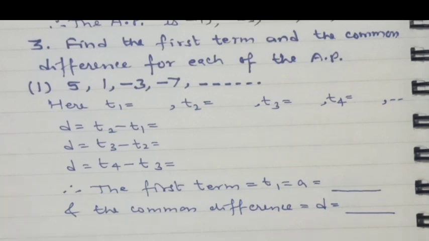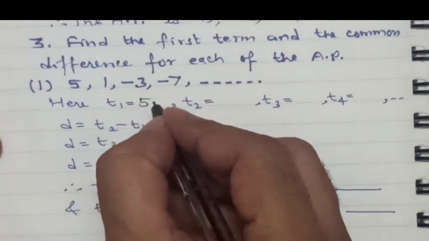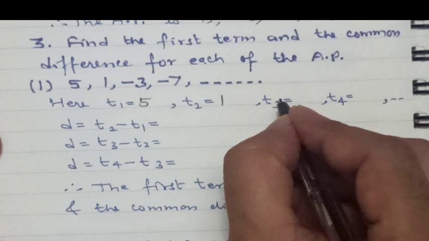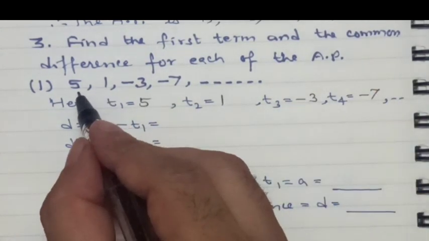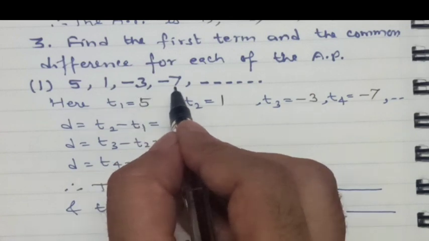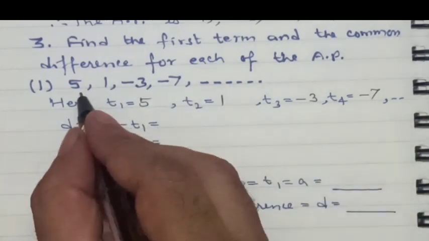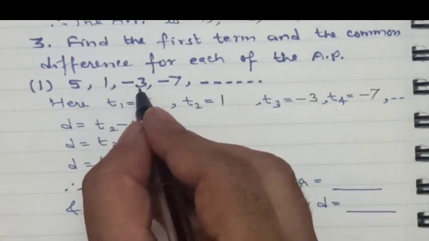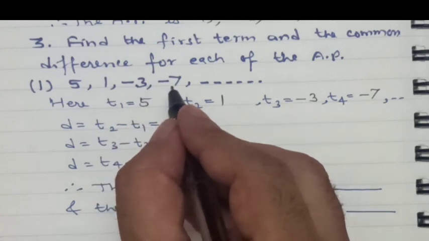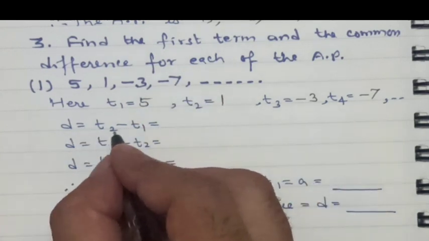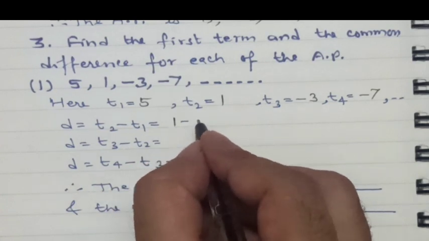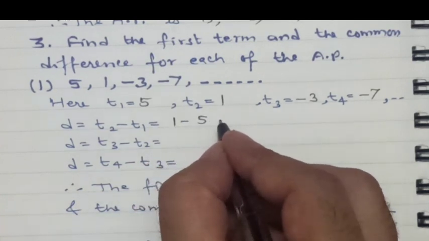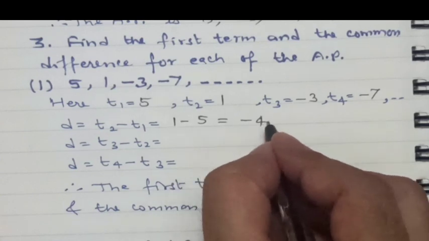So let's begin. T1 is 5, T2 is 1, T3 is -3, and T4 is -7. First term, second term, third term, and fourth term, and so on. Find out the difference, that is T2 minus T1. T2 is 1 and T1 is 5, so 1 minus 5 is -4.